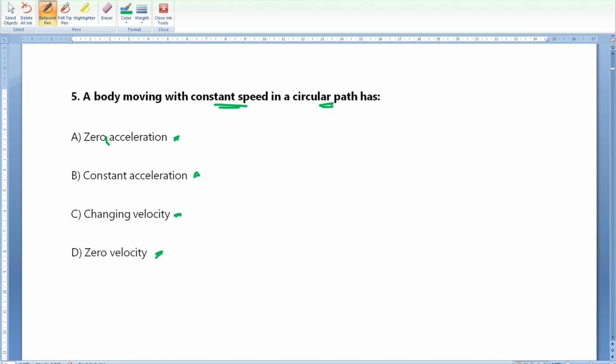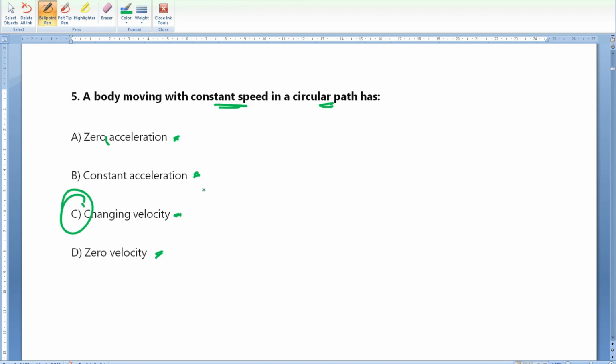Speed remains constant, but direction changes continuously.